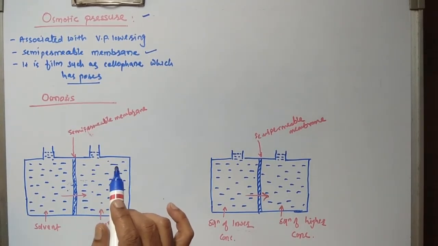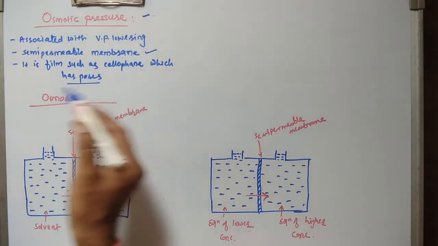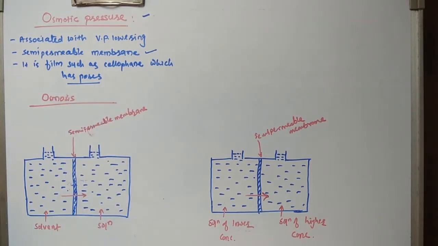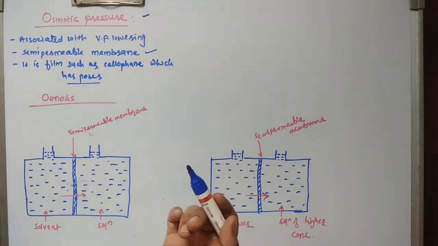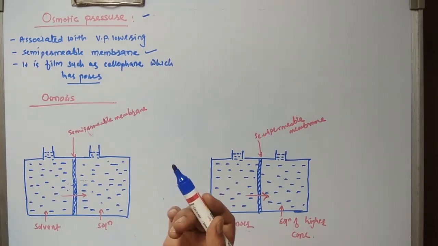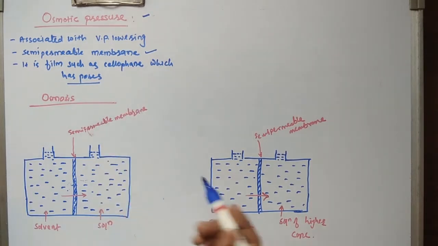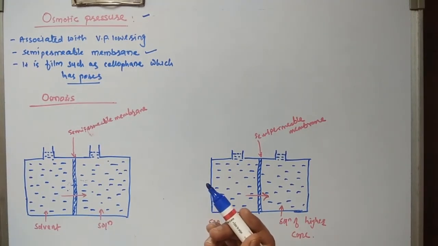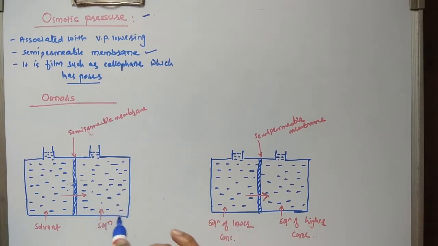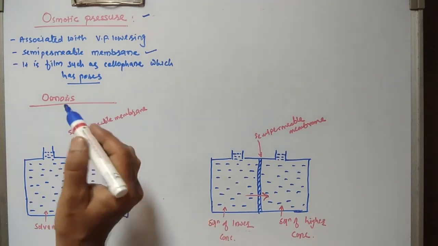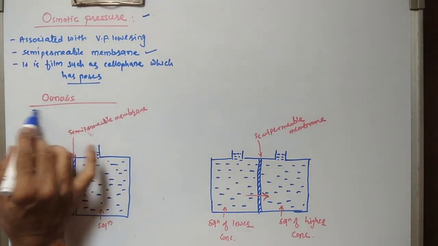Because the pores of the semi-permeable membrane are so small, it cannot allow the solute molecules or ions, that means of high molecular masses, to pass through it. The semi-permeable membrane selectively allows passage of solvent molecules only, not solute molecules.